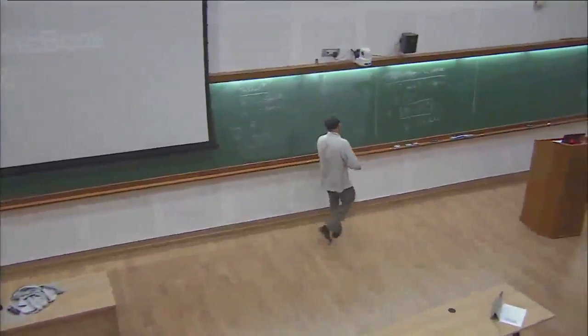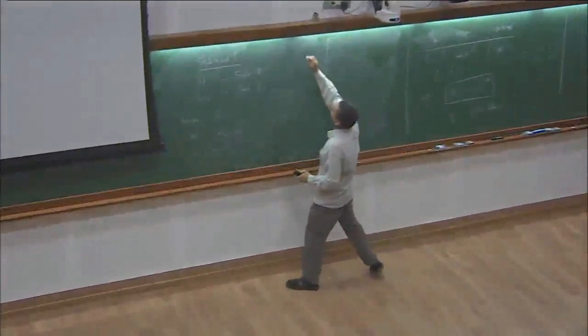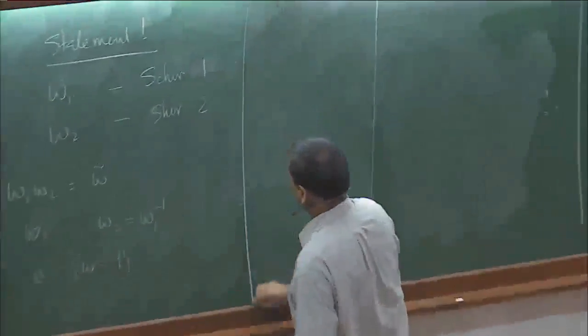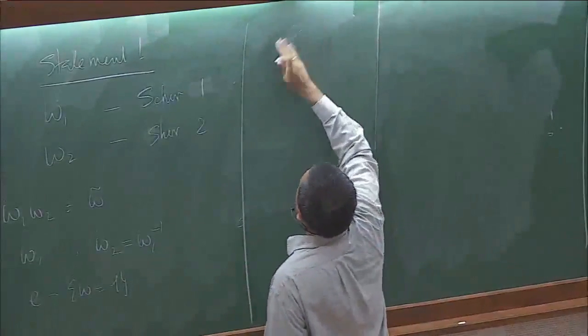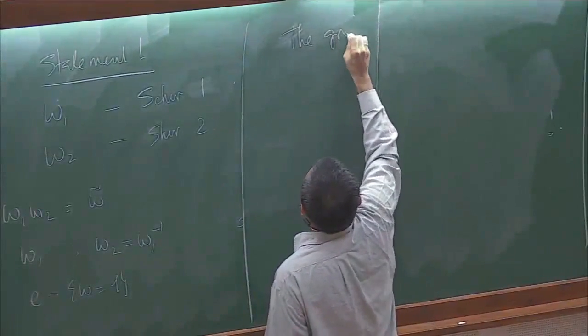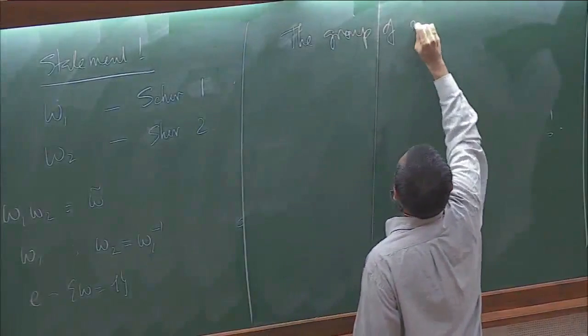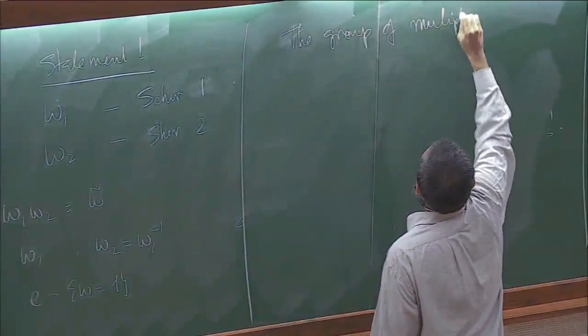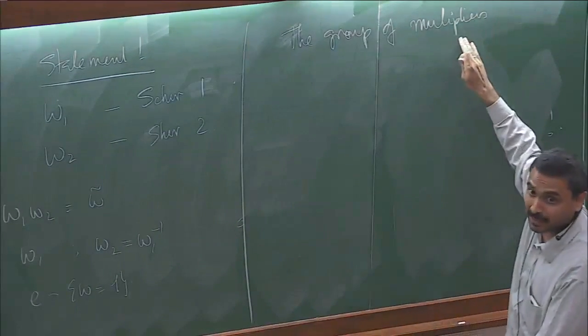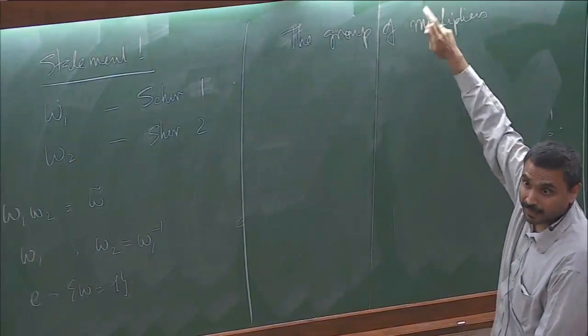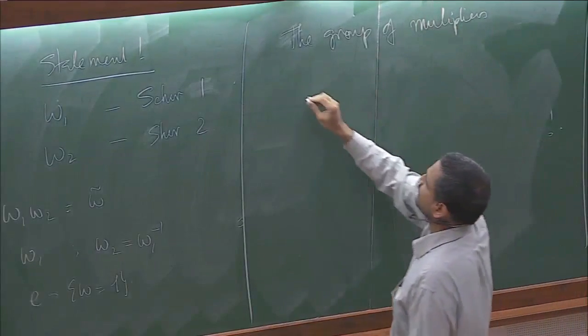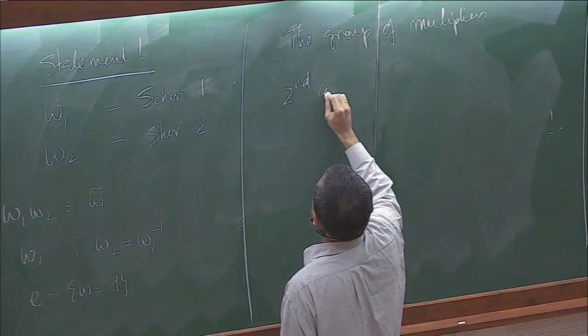And that group is called the second cohomology group of our group G. So the group of multipliers, I will refine this definition in a minute. It's not precisely true. I will make a correction to this in a minute. It's called the second cohomology group.